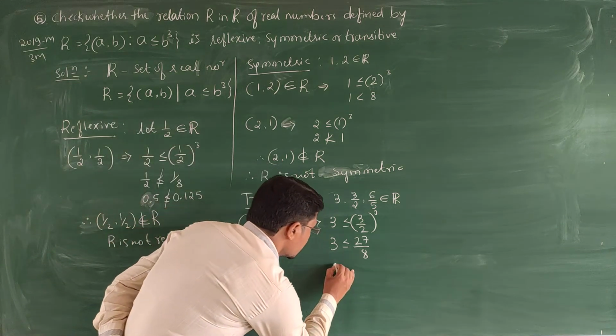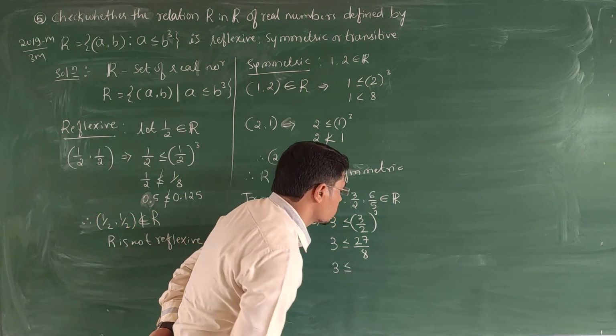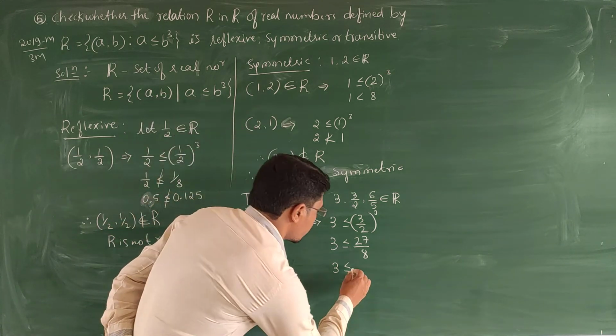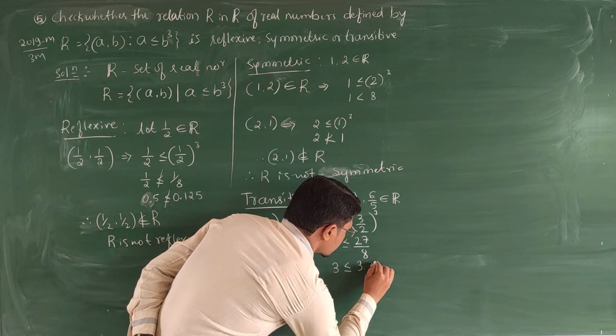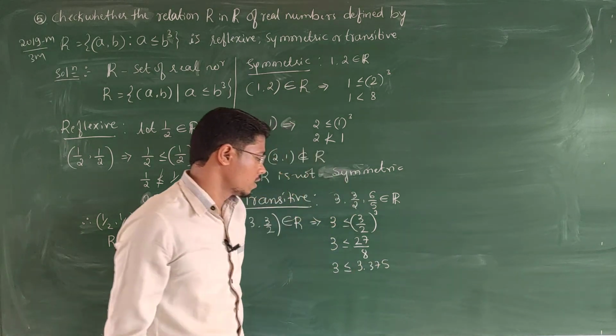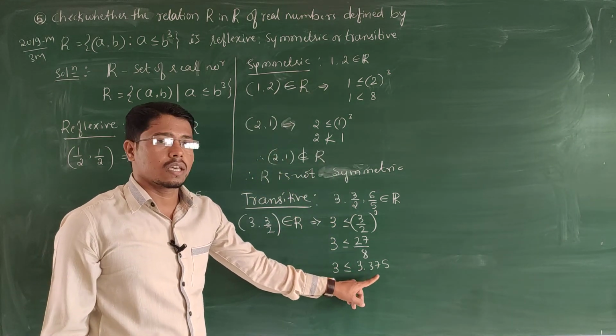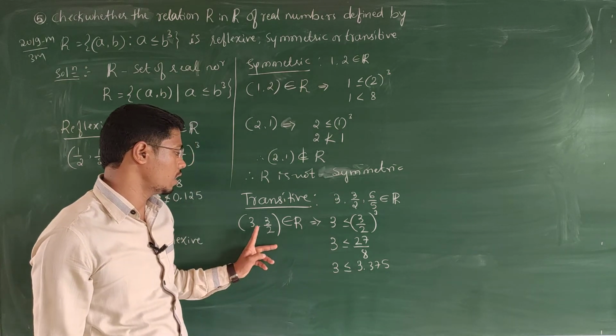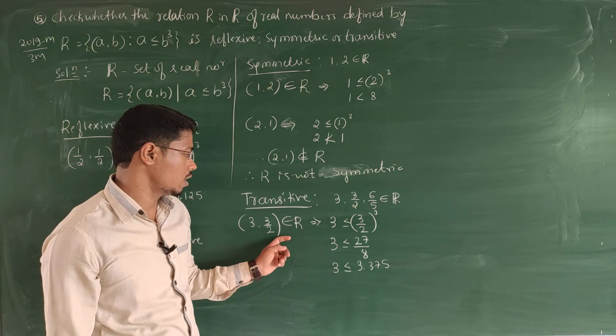So 3 is less than or equal to 27 by 8, which is approximately 3.375. Obviously 3 is smaller, therefore 3 comma 3 by 2 belongs to R.